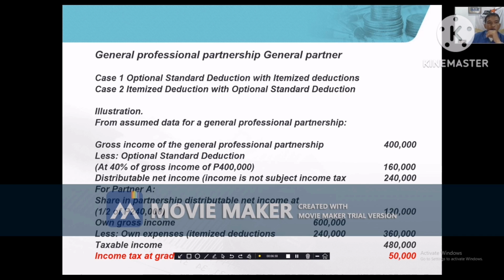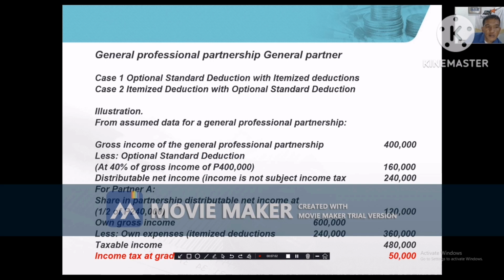Okay? So, yun yung optional deduction nila. So, 400,000 less 160,000 is equal to 240,000. So, itong 240,000, ito yung tinatawag na distributable net income. Okay? Income na paghati nila na hindi subject sa tax.